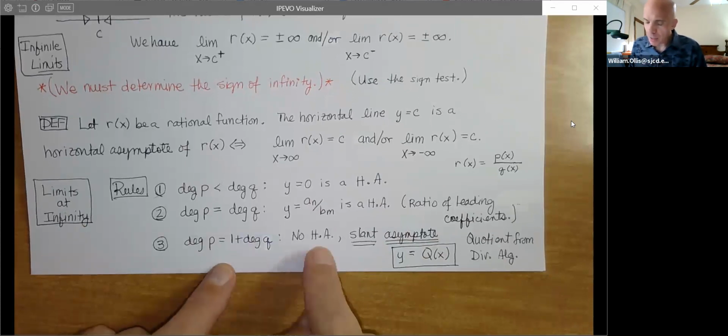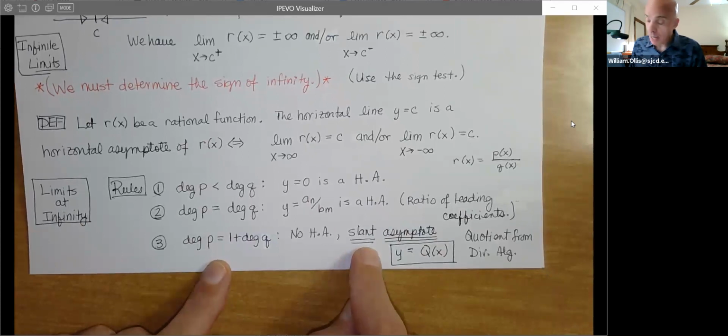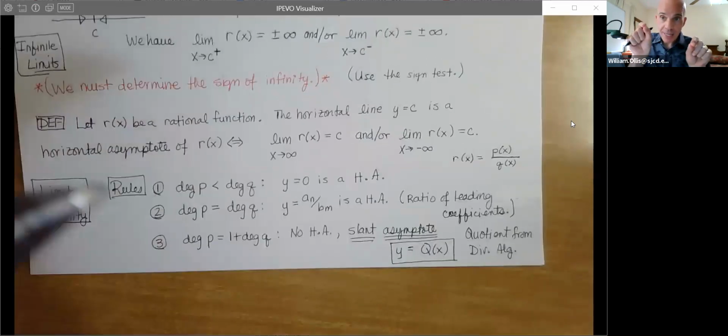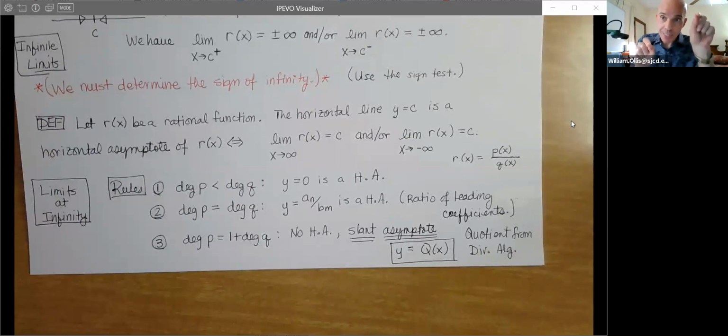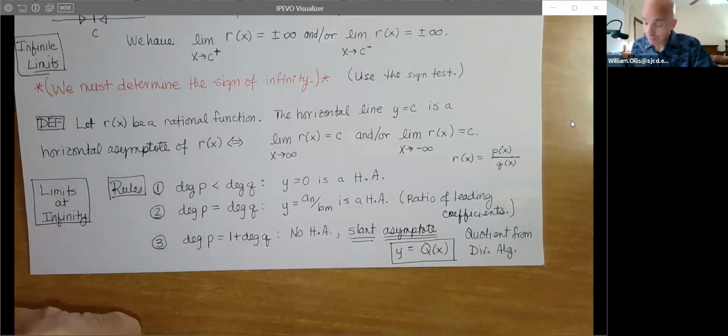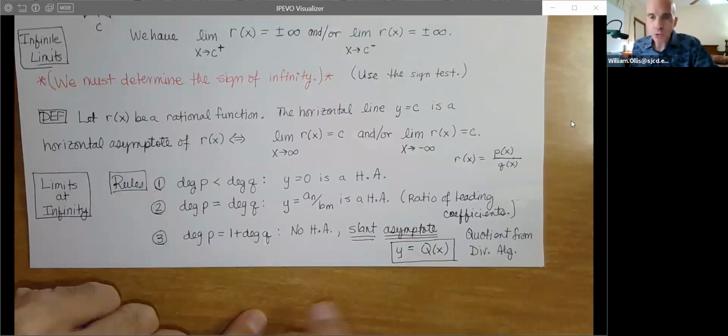In this case, there is no horizontal asymptote. We get what we call a slant asymptote. That is, we get a line, but it's not horizontal. It has a non-zero slope, so it's slanted. That's why we call it a slant asymptote. Sometimes it's even called oblique asymptote. And how do we get it? We divide. We just take the quotient.